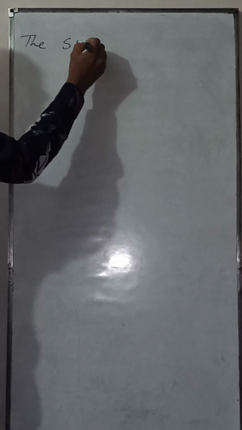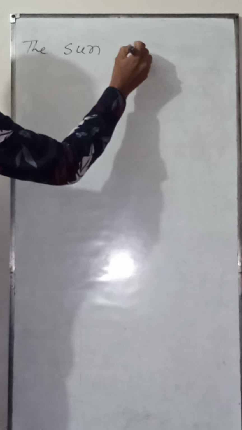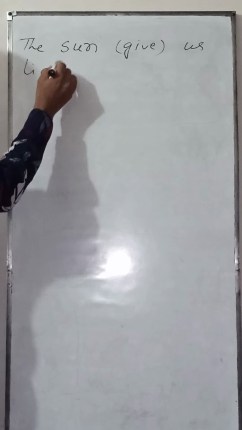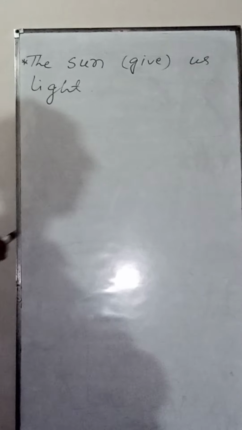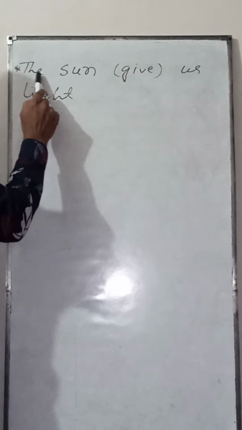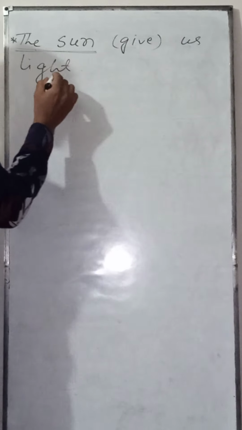You see, this is a sentence. The sun, with the verb in the bracket, give us light. You see, the sun give us light.